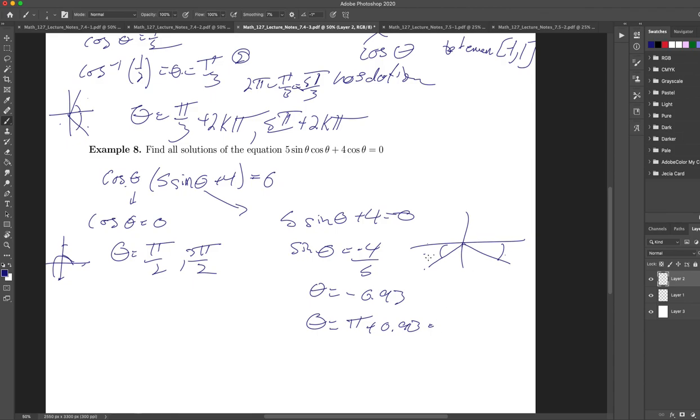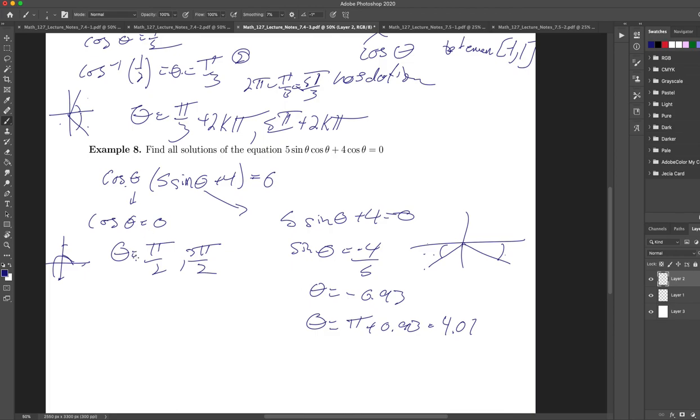Notice there's multiple beginning angles here. Standardly, you want to write them in terms of the first positive between 0 and 2 pi, but since this already gave us a negative, we'll just leave it. And so pi plus 0.93 would be about 4.07.